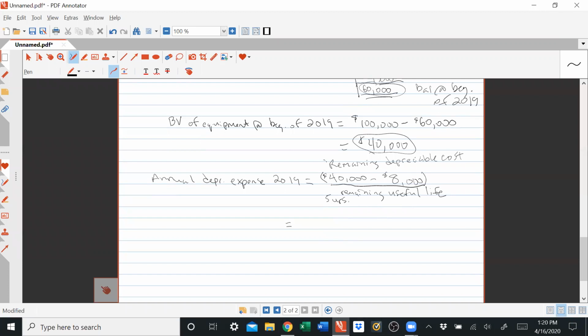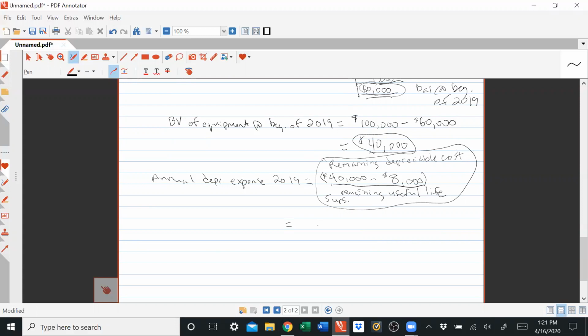So this is the formula for the annual depreciation after you've revised your estimates. It's your remaining depreciable cost at the time that you did the revising divided by your remaining useful life from the time you did your revising to the end.